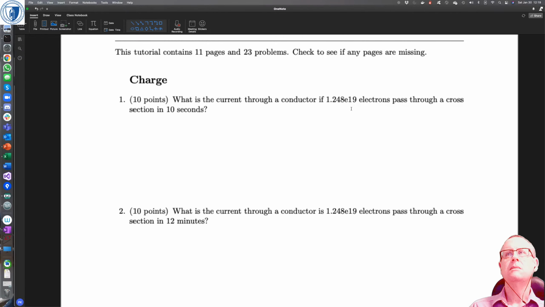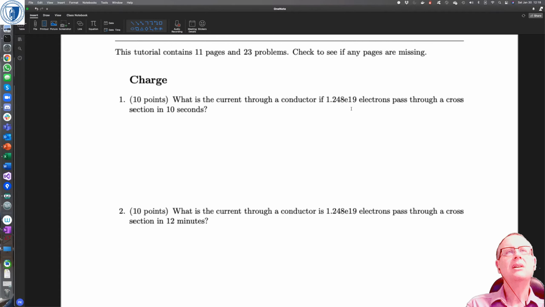Question 1, what is the current through a conductor if 1.248 by 10 to the 19 electrons pass through a cross section in 10 seconds? Question 2, what is the current through a conductor if 1.248 by 10 to the 19 electrons pass through a cross section in 12 minutes?